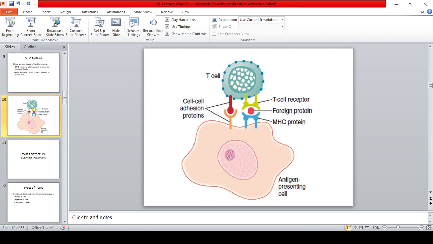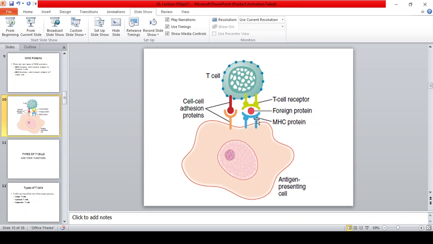Now, in this figure, the MHC proteins are shown on the surface of an antigen presenting cell, and there's a foreign protein which is bound to the MHC protein. This antigen presenting cell, which may be a macrophage or a dendritic cell, digests the foreign organism and then separates the foreign protein or the antigen and expresses it on the MHC protein.